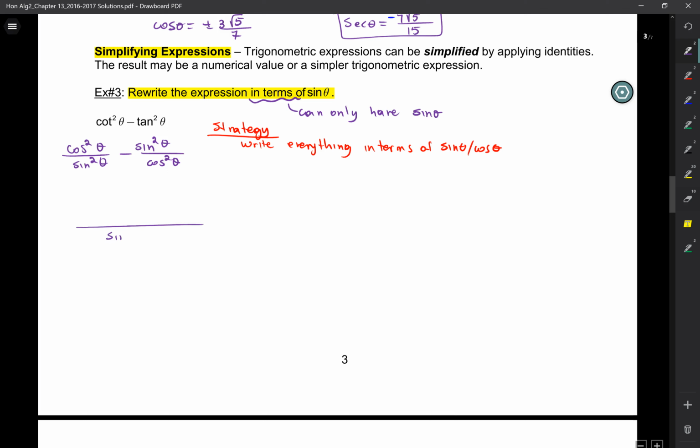So, sine squared theta times cosine squared theta is in the denominator. And now, what are we going to have here? Two cosine squared theta minus 2 sine squared theta. 2 cosine squared theta?